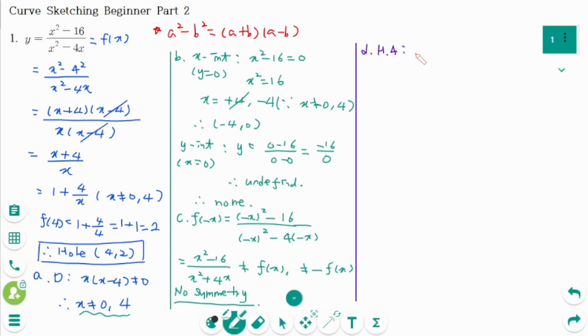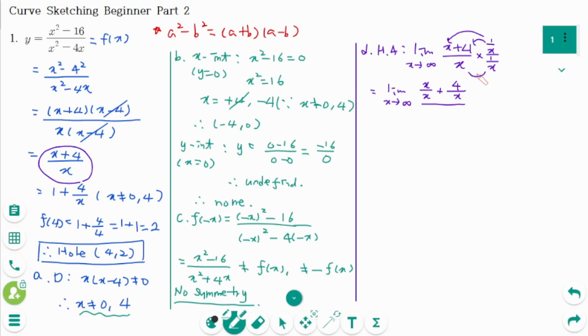Horizontal asymptote. Limit as x approaches infinity. Use this one, x plus 4 over x, then times 1 over x over 1 over x equals limit as x approaches infinity, and expand x over x plus 4 over x over x over x equals limit as x approaches infinity 1 plus 4 over x over 1.